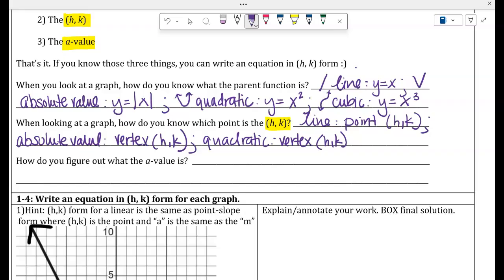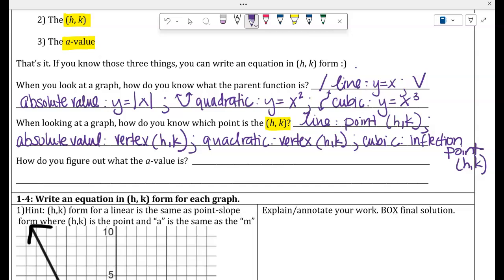Now the last one that we have studied is going to be your cubic. And guys, your HK is going to be your inflection point. So the inflection point is the HK. So they all have a meaningful and important role for every function.